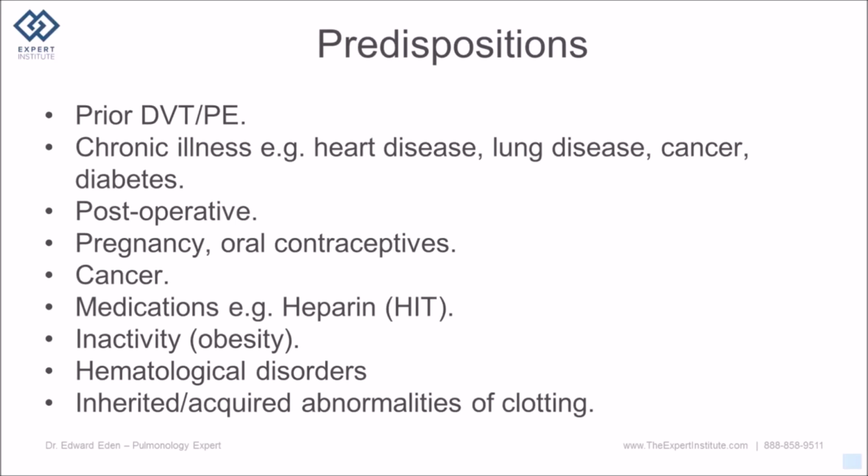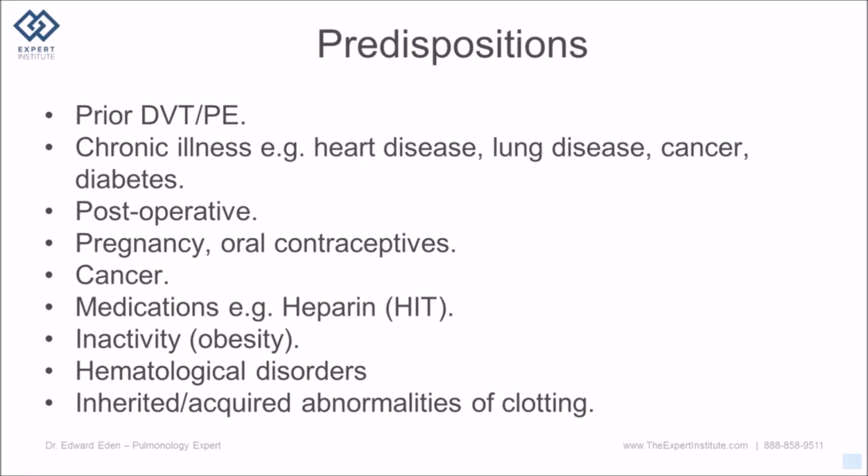Some hematological disorders, such as a high increase in red cells in the blood called polycythemia, or certain other rarer disorders, can increase the risk for thrombosis.